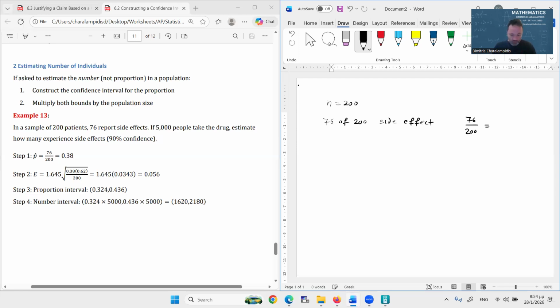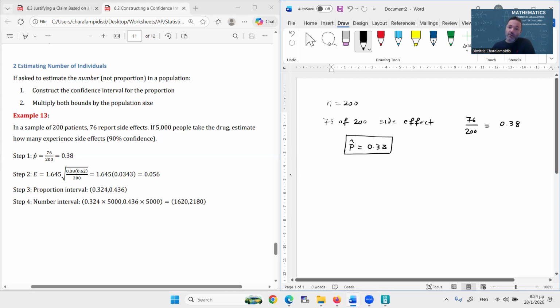If we do the operations, this will be equal to 0.38. So far I know that the sample proportion is 0.38.